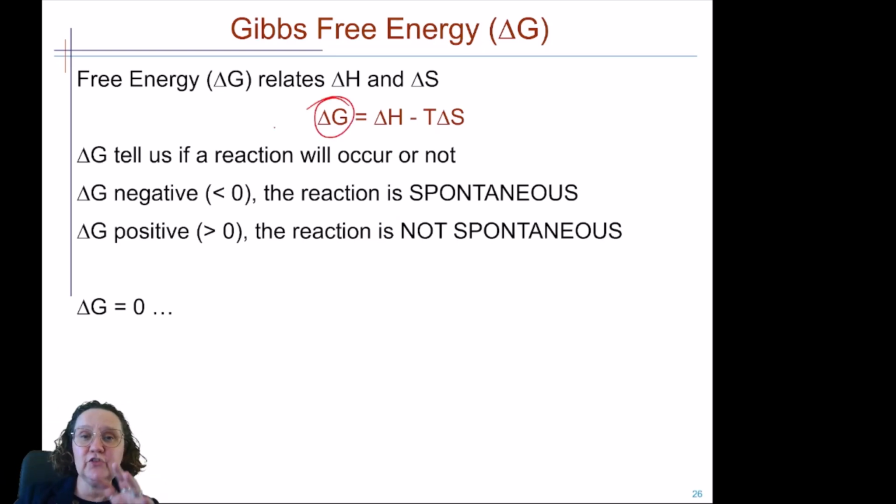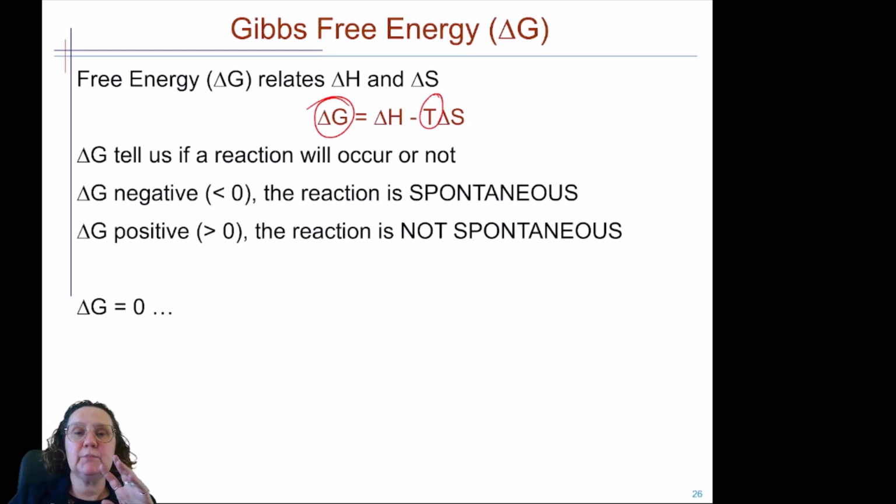And it links both the changing enthalpy and the changing entropy. And they are linked by the temperature.